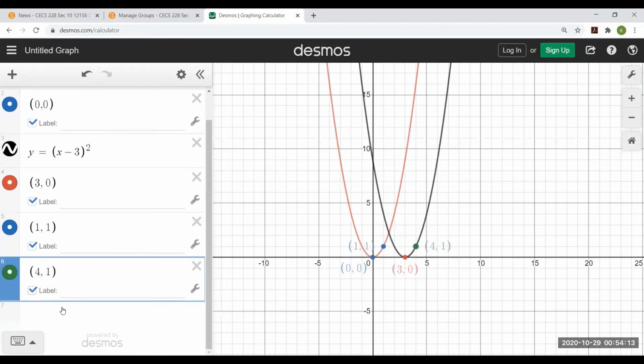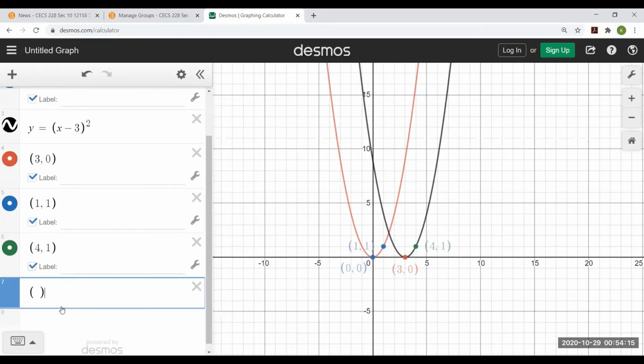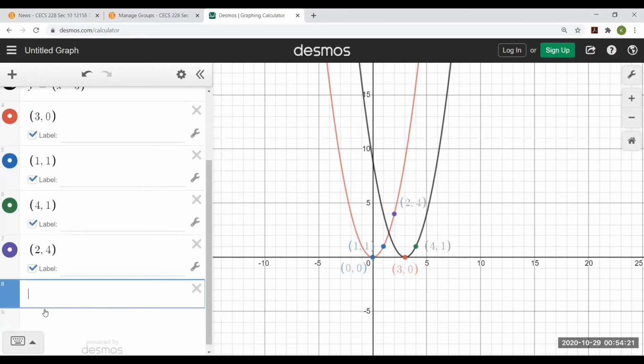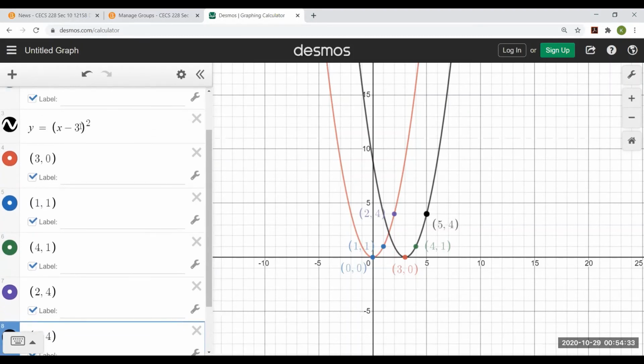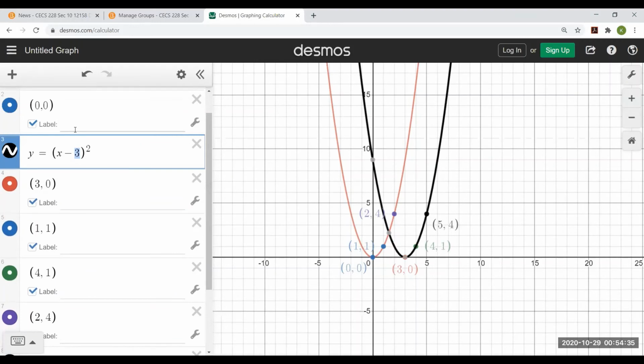And if we take a look at maybe one more point, say 2 comma 4, it has shifted over to 5 comma 4. So all of the points are moved to the right if we subtract the 3.